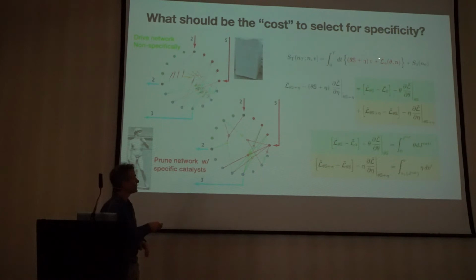Remarkably, the cost of doing that turns out to just separate into a sum of two parts. One of which is the cost of just the likelihood deprived by driving something through the network. The second is the cost of pruning to a particular pathway.